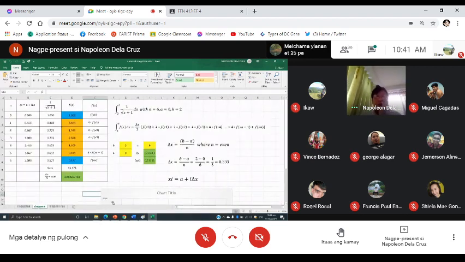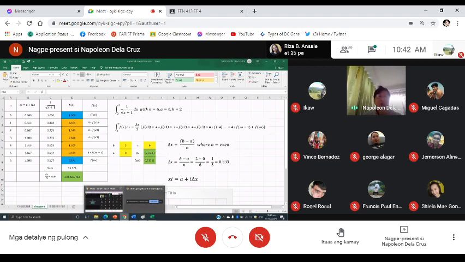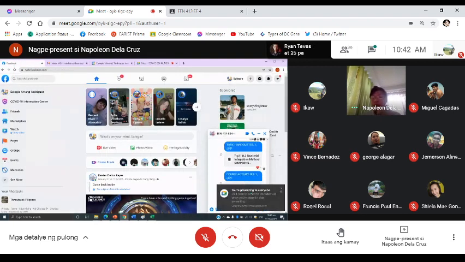Okay, ayun, ang formula, 0, 1, 2, 3, 4, 5, 6, and this will be now equal to, okay, this is the B, this is the A, which is defined, N is equal to 6. This delta X is equal to this formula. That is why you will end up with 0.333, then delta X over 3, because we need that later. Okay? Print screen ko muna, tapos padala ko sa inyo.